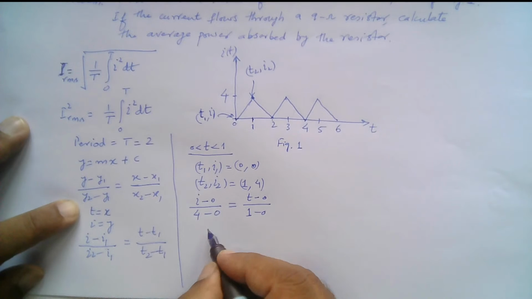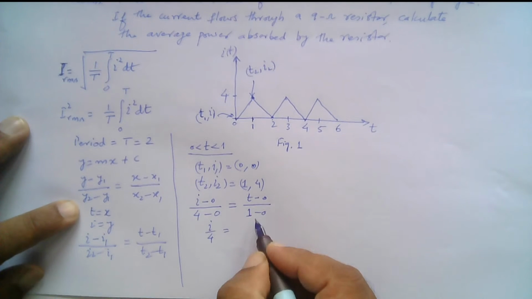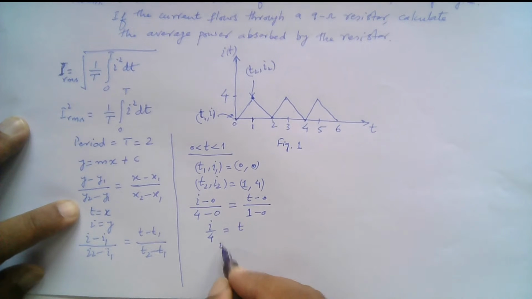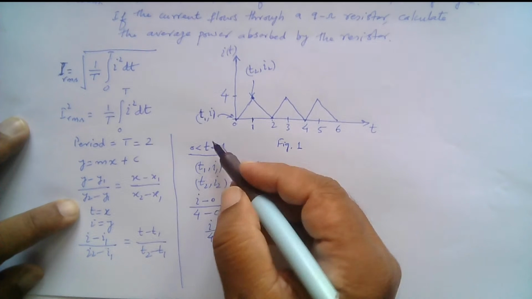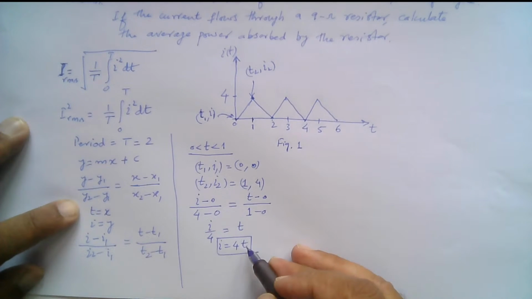So that is I over 4 is equal to T over 1, that is T. So I is equal to 4T. Over this interval, T greater than or equal to 0 and T less than or equal to 1, I is equal to 4T, right?